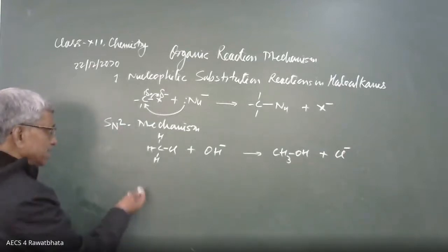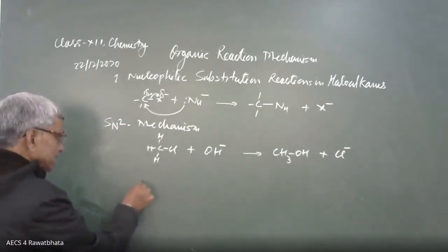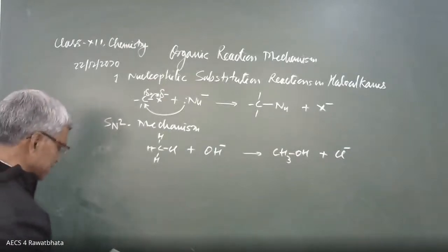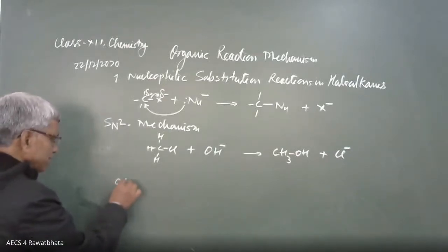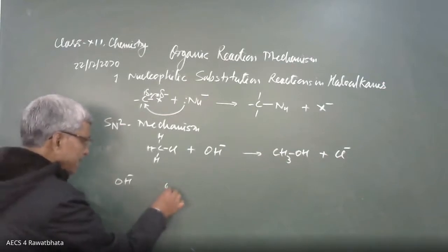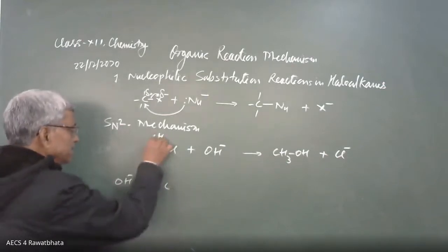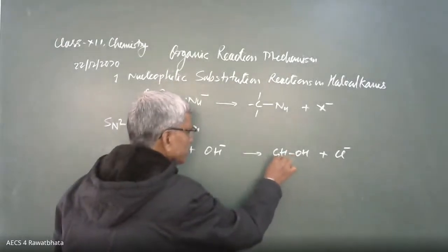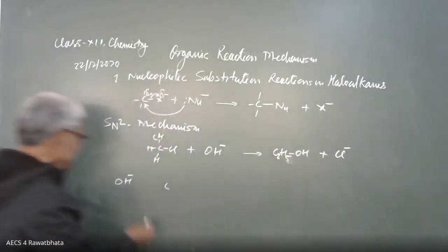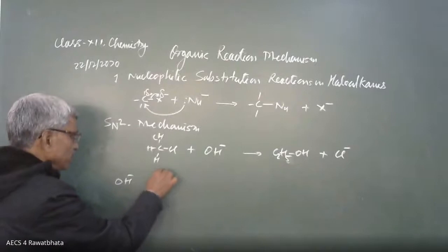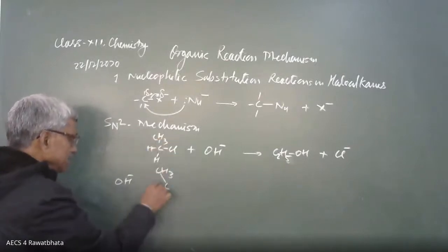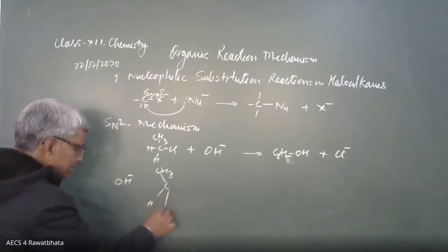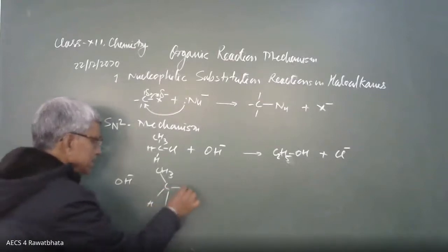So here the mechanism is like this. Here is a C. OH minus approaches from the back side. Here we can take CH3, then it becomes C2H5OH. One CH3 I am going to take here, here is a hydrogen, here is hydrogen, and here is Br.